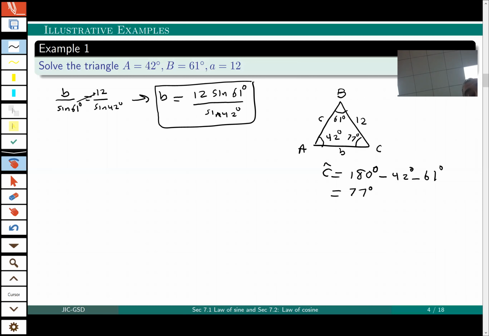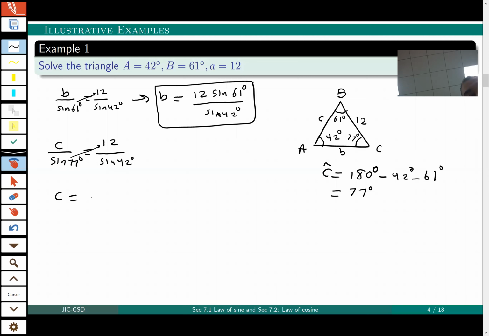Now, if we want to find c, we will say c divided by sine 77 will equal 12 over sine 42 again. So again, if I want to find c, I need to move that one there.